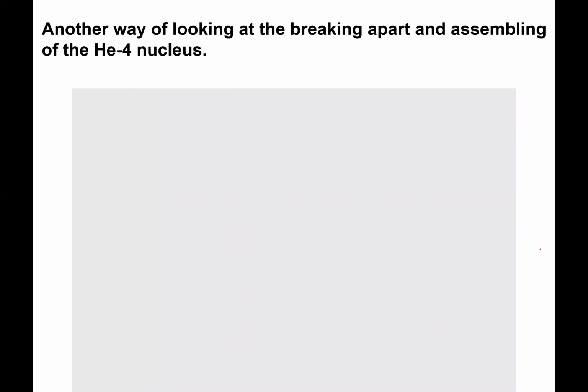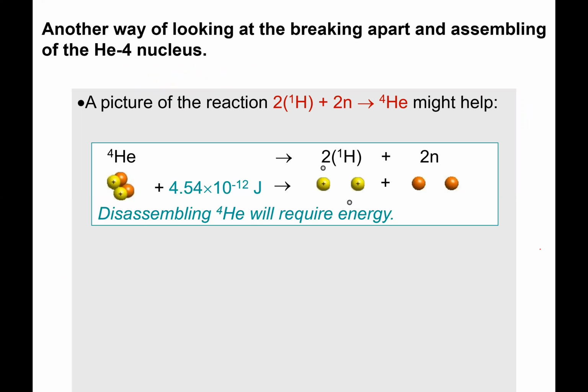Another way of looking at breaking apart and assembling the helium-4 nucleus is this. If you look at this reaction, you have 2 protons plus 2 neutrons becoming the helium-4 nuclide. Basically, the first scenario is disassembling the nucleus, and that would take about that many joules of energy.